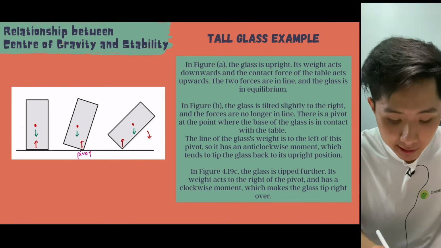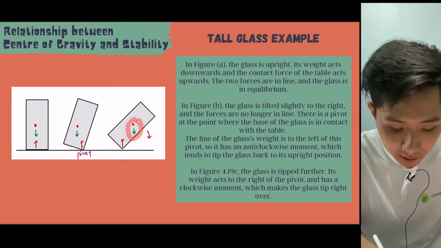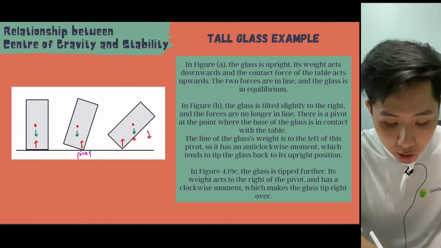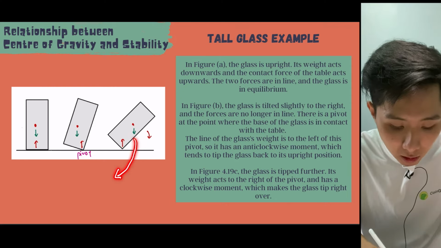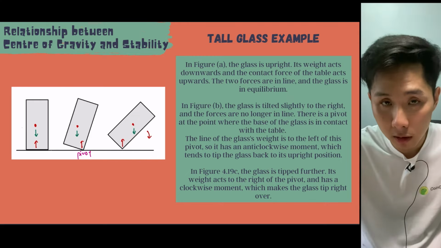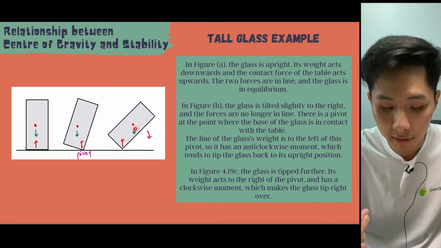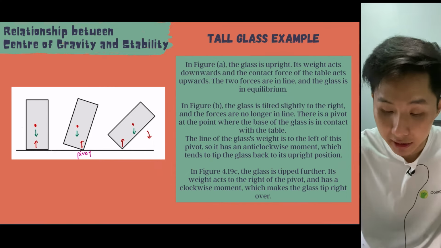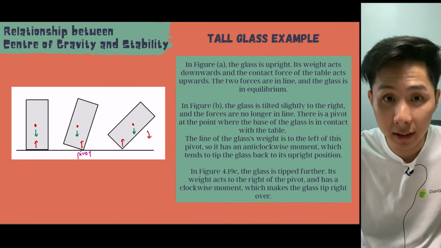This is because now the center of gravity is acting towards the right of the pivot, which creates a clockwise moment. And when there is a clockwise moment, meaning a clockwise turning effect, this rectangular shape will fall. That's basically what the slide is trying to explain here.